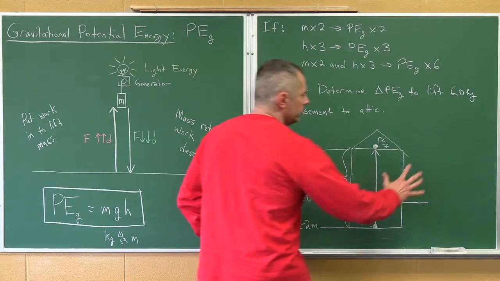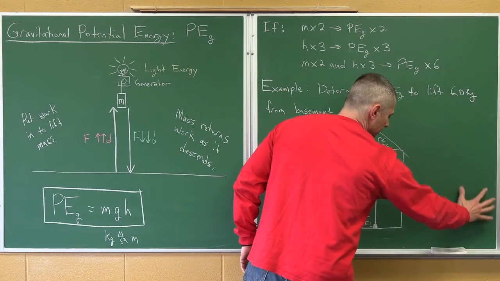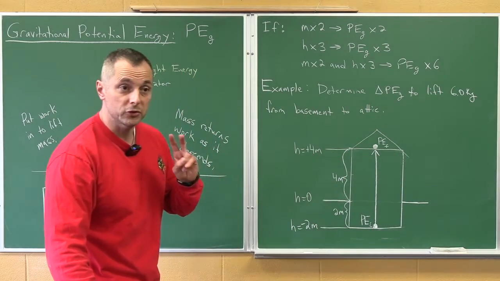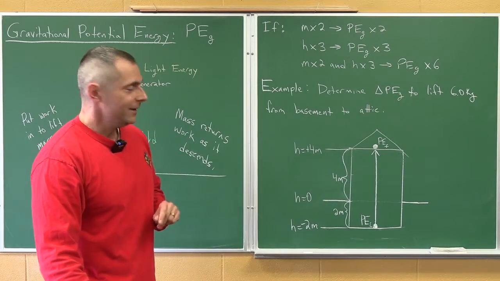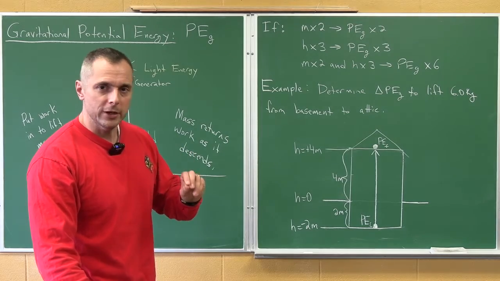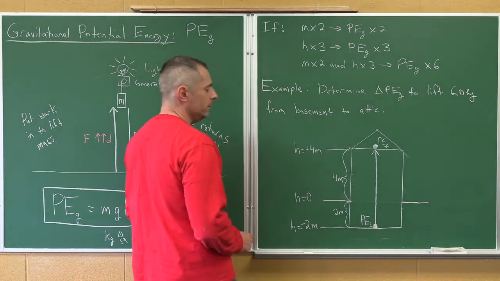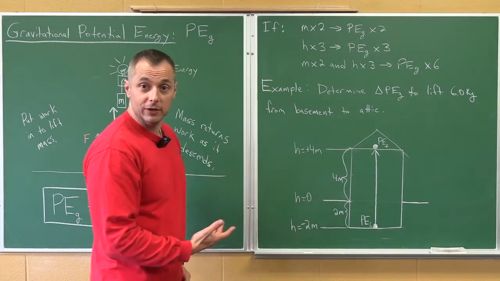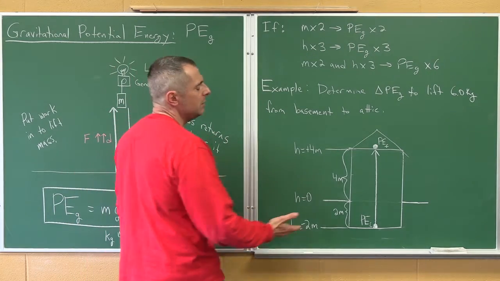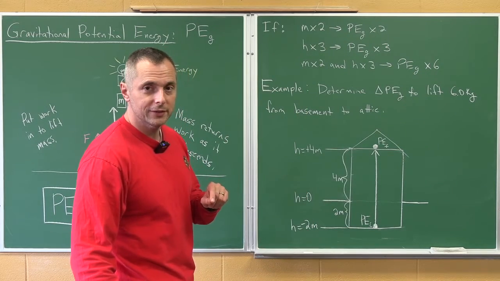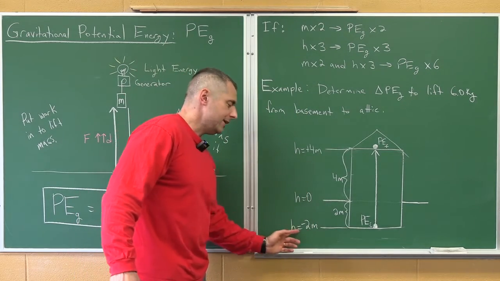Now, notice there's a lot of space over here. I want to make sure that when you draw this, leave space over here, because we're going to solve this problem twice with 2 different perspectives to make a point about gravitational potential energy. Now, if this is the ground level, we say it's H equals 0. Makes sense. That means if I go down underground 2 meters to go into the basement, I've got to call that negative 2 meters.